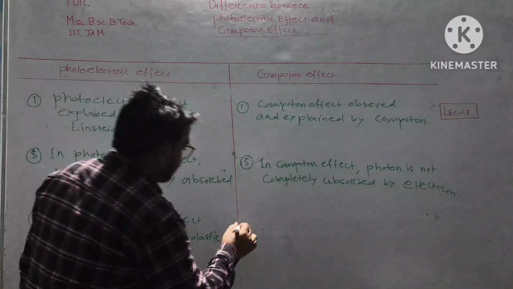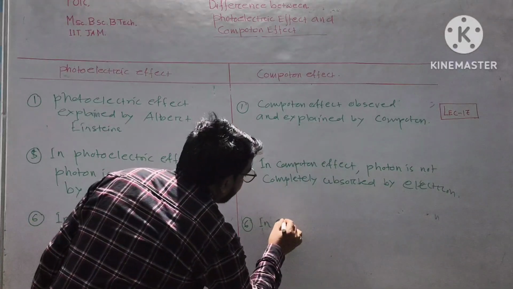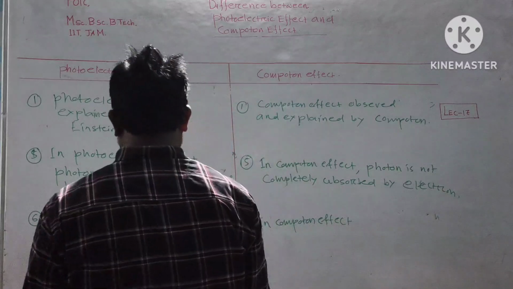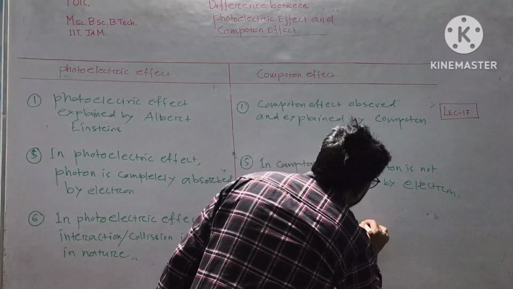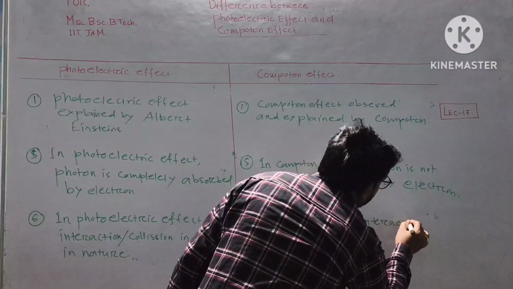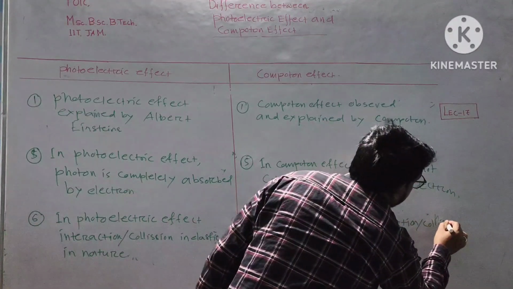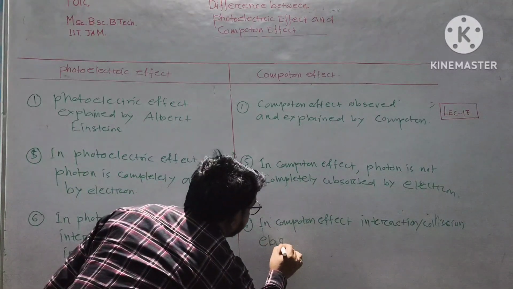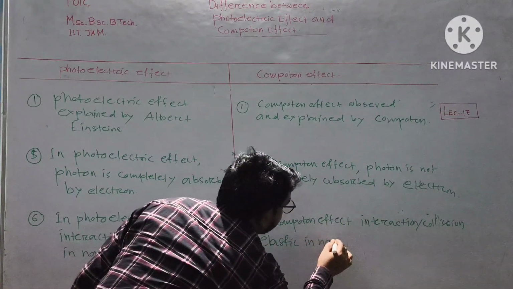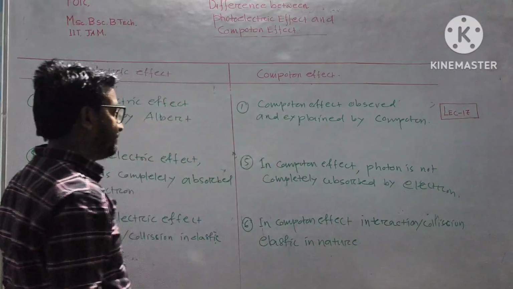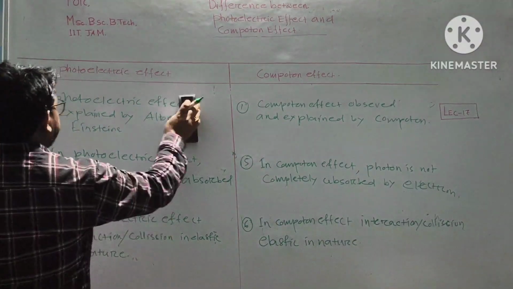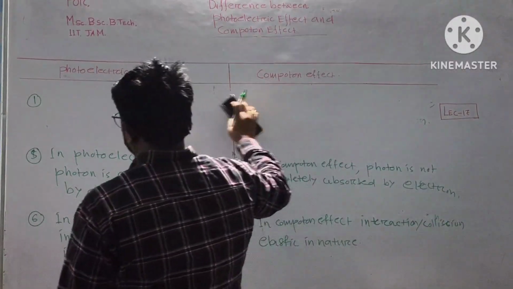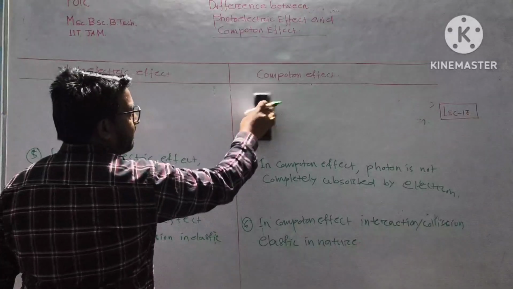But in the Compton effect, the interaction or collision is elastic in nature. What is elastic collision and inelastic collision? We are already familiar with these two terms.